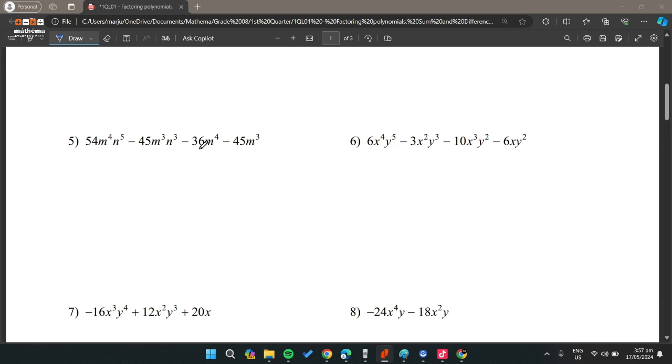Look at the numbers first para hindi siya masyadong nakakalito. Alright, we have 9. Very good. Then look at the variables. We have m, n, tapos m, n, m, m. So ano yung common sa kanilang lahat? Ano yung common in terms of the variables now?